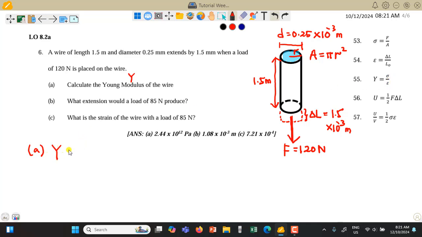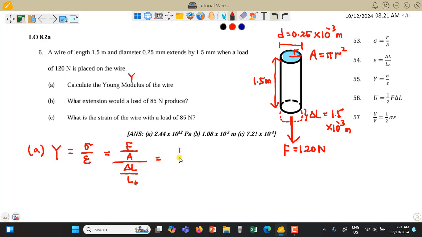The stress will be force divided by area. The strain is the elongation divided by the initial length, so we have delta L over L naught.